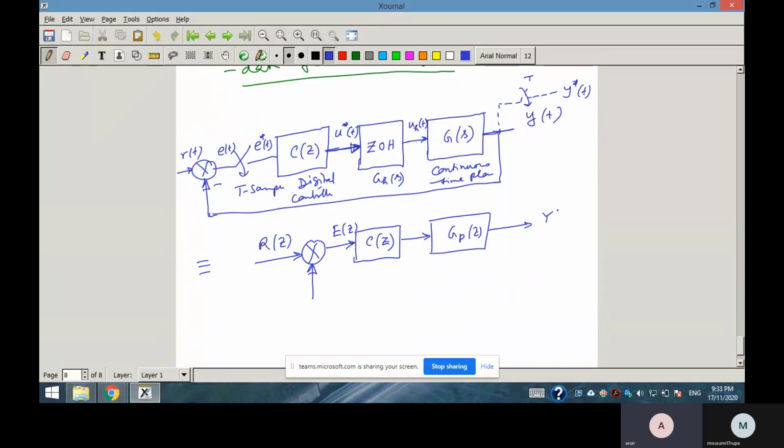This is your Y(z). So this diagram can be written like this, because what is Gp(z)? Gp(z) is the transfer function between Y(z) and U(z), and C(z) is the transfer function between U(z) and E(z). And what is your E(z)? E(z) is R(z) minus Y(z).